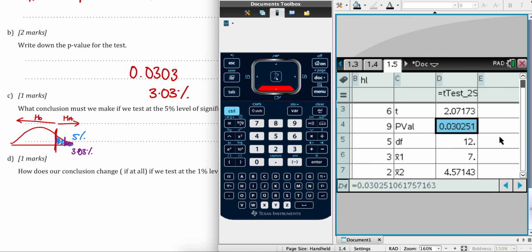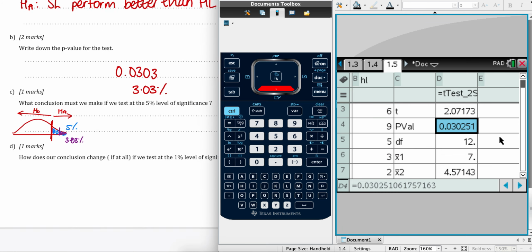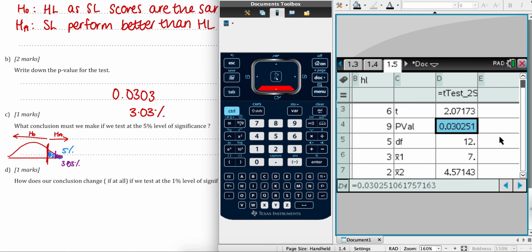And therefore, we can see that because the p-value is smaller than the significance value, we want to take the alternative hypothesis and we're rejecting the null. So we're going to reject the null hypothesis and we're going to accept the alternative. Okay, and any sort of working to back this up, whether it's a diagram or whether you're saying that the p-value is smaller than the significance level, or the level of significance, okay?